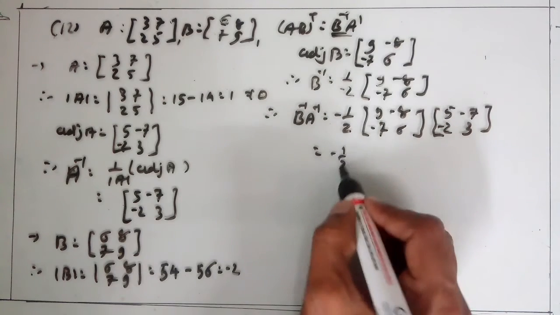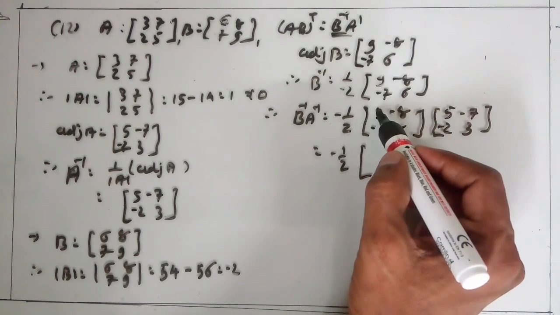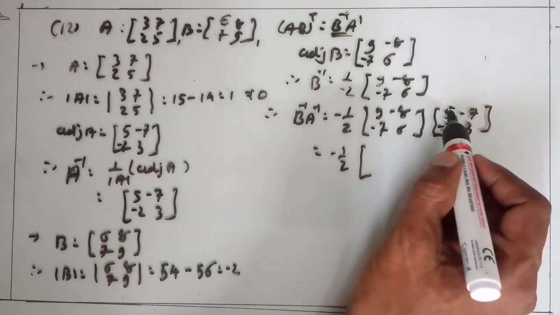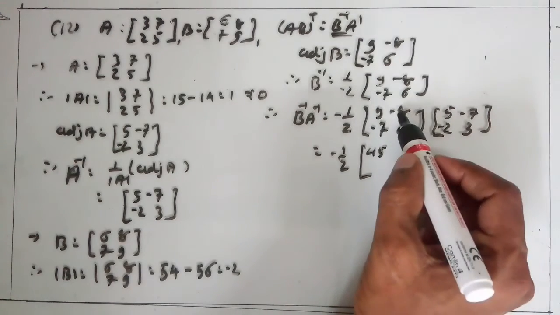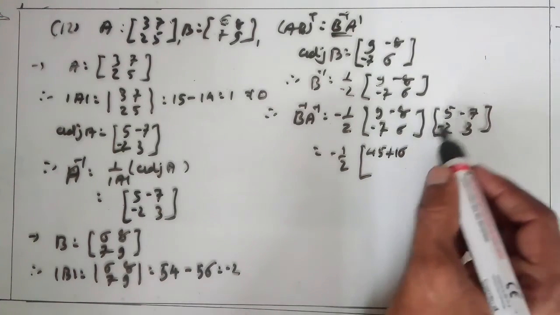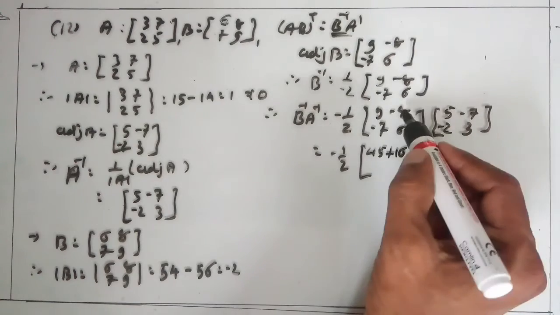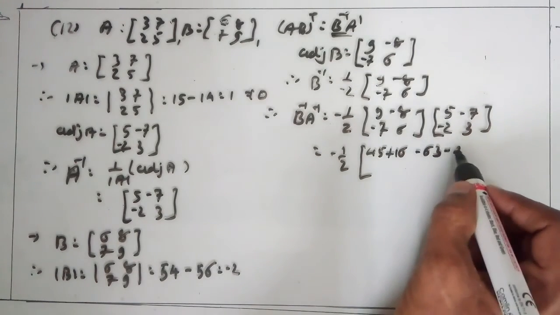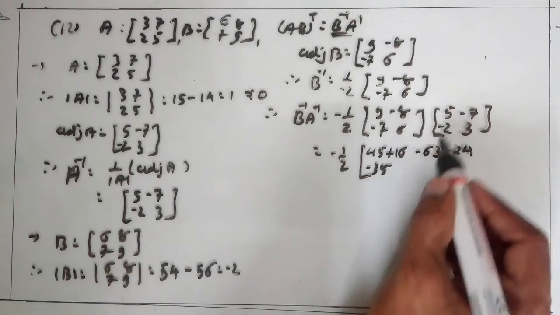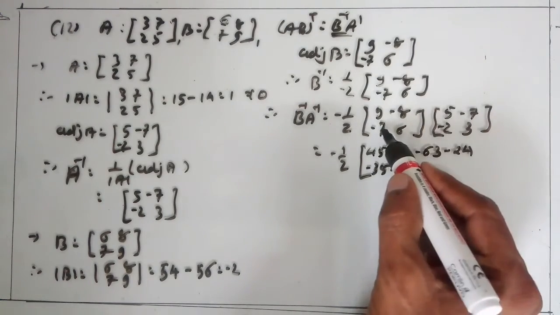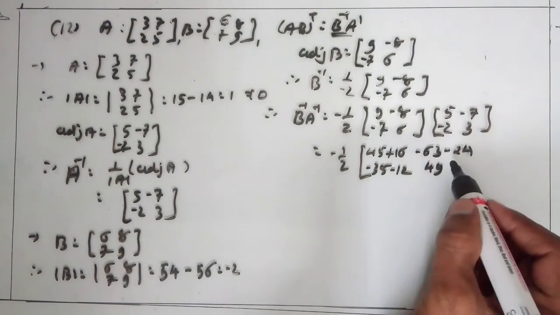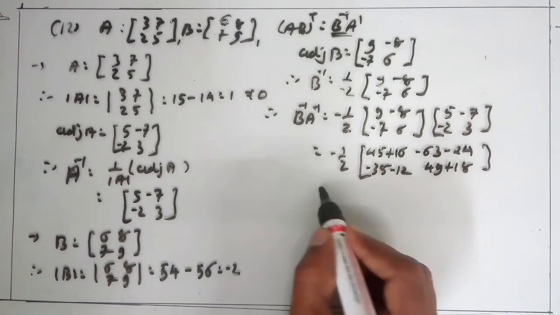So it is equal to minus 1 by 2 into the matrix multiplication of these two matrices. 9 into 5, 45, minus 8 into minus 2, plus 16; 9 into 7, 63, minus 8 into 3, minus 24; minus 7 into 5, minus 35, 6 into minus 2, minus 12; minus 7 into minus 7, plus 49; 6 into 3, plus 18.